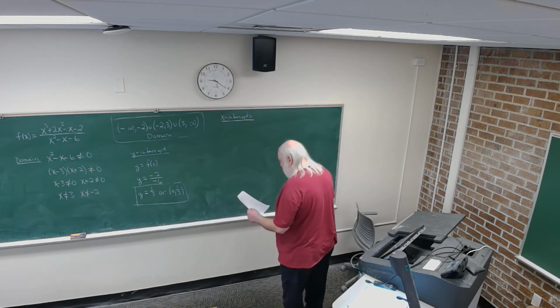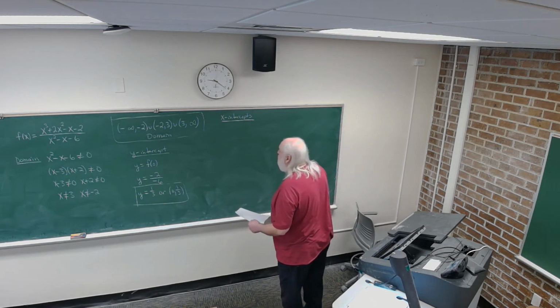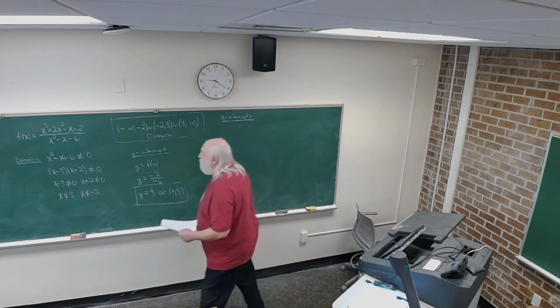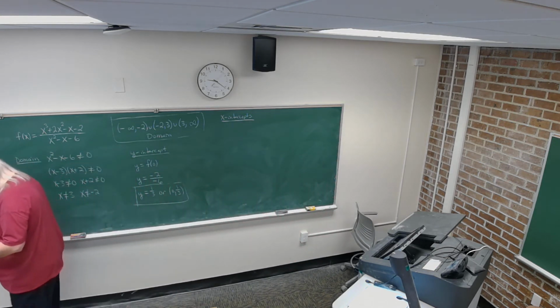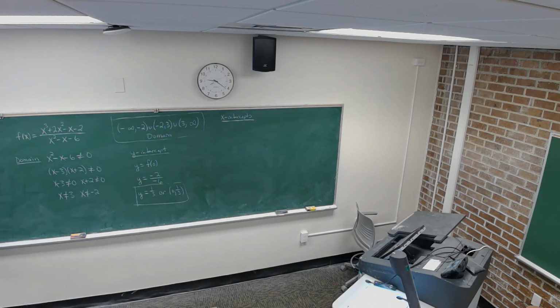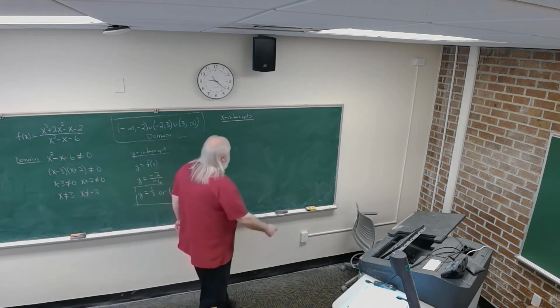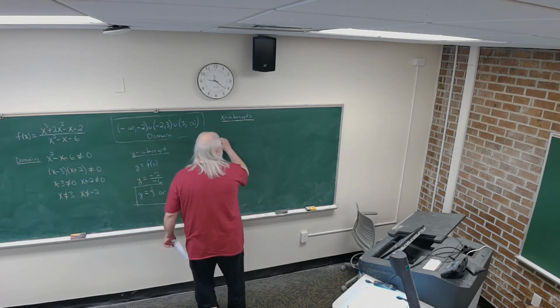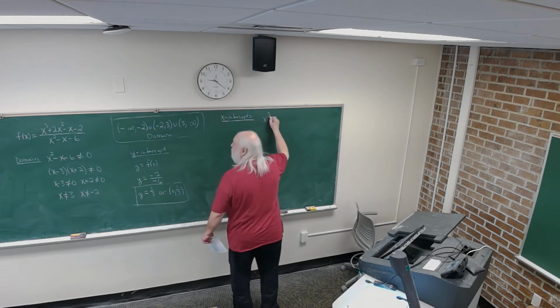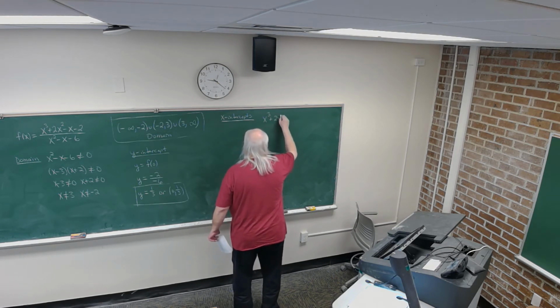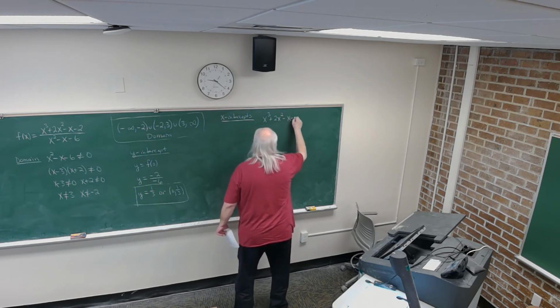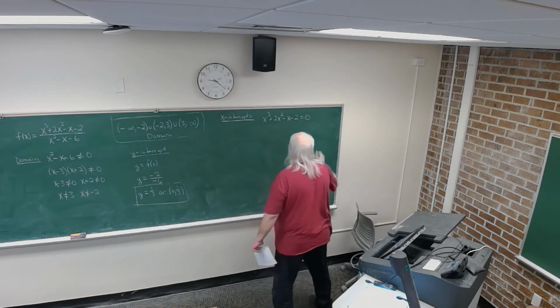So, to find the x-intercepts, we got to set the 3rd-degree polynomial x cubed plus 2x squared minus x minus 2 equal to 0 and solve for x.